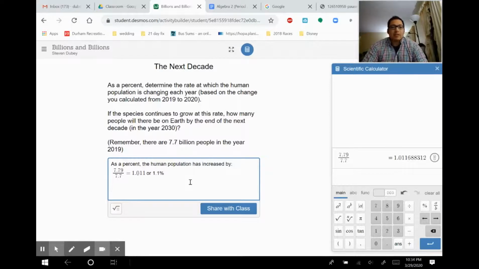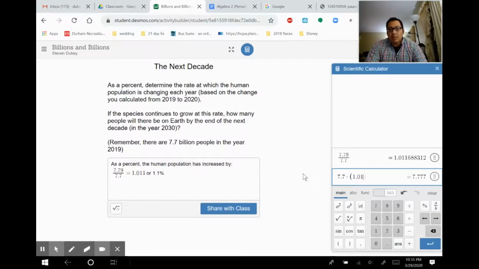Okay, so then let's answer this next question. If the species continues to grow at this rate, why we're calling ourselves species now, how many people will there be in the year 2030? So remember, in 2019 we had 7.7 billion people. So we can write a little exponential function here: 7.7 billion times, let's increase this by 1.1%.